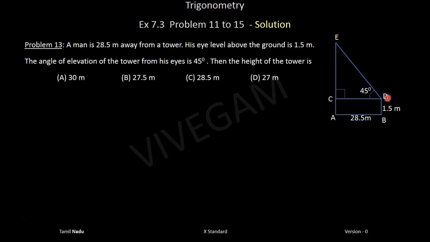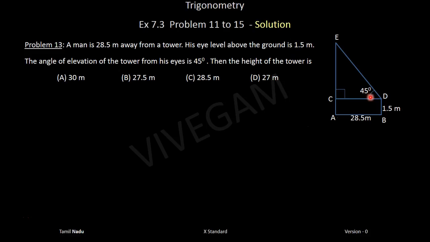So this is 1.5 meters. Now they are asking us the height of the tower, and the angle of elevation for him is 45 degrees. From here, if he looks up at the top of the tower, it is 45 degrees.